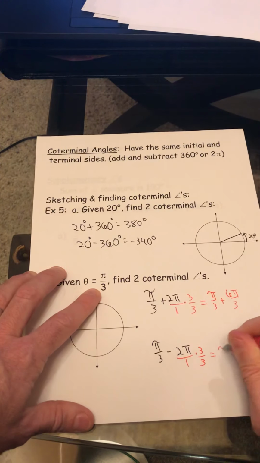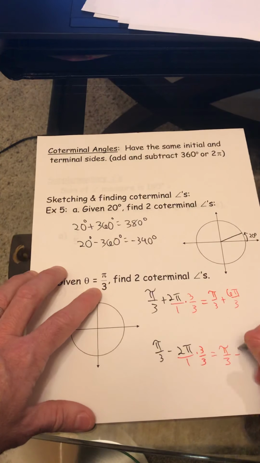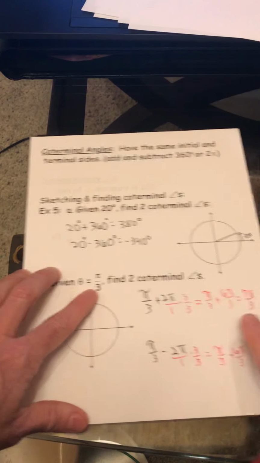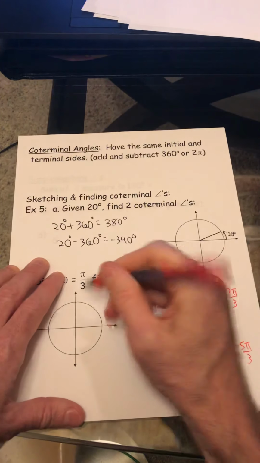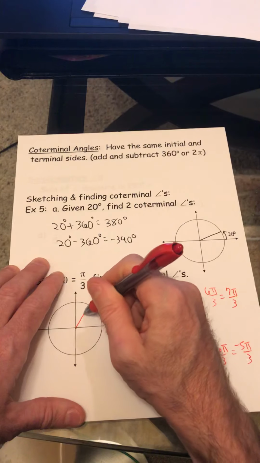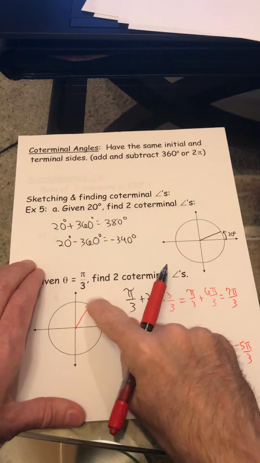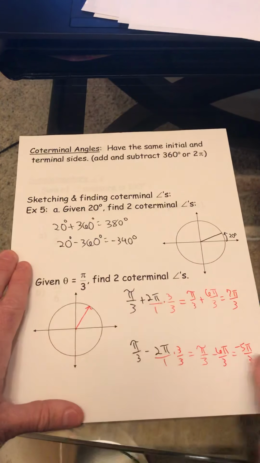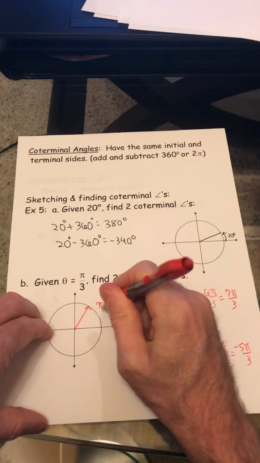This one is pi over 3 minus 6 pi over 3. So 7 pi over 3, or 1 minus 6 is negative 5 pi over 3. Pi over 3 is roughly there. So again, if I went pi over 3 plus another revolution, there I am. Or if I just went this way, negative 5 pi over 3 puts me in that same spot.